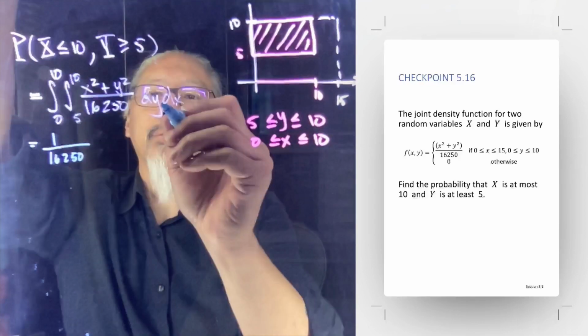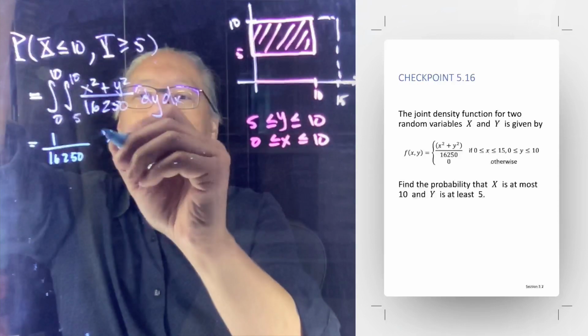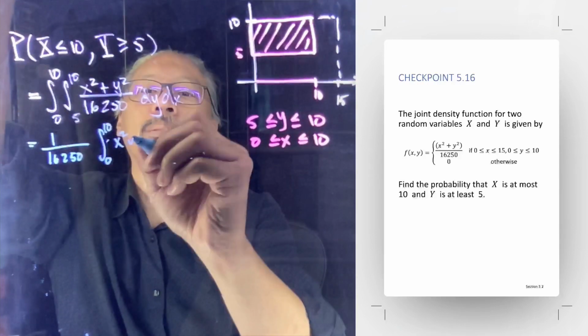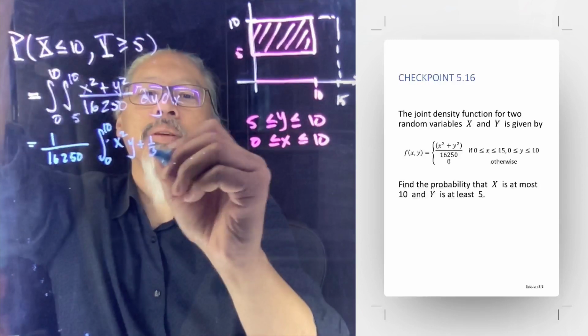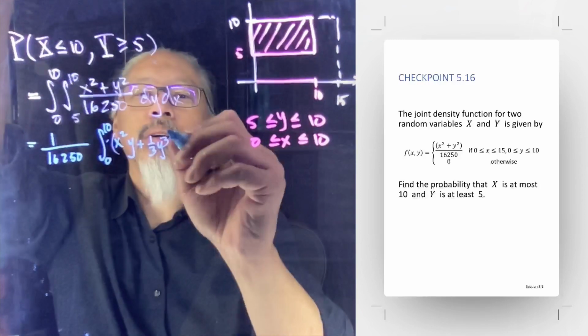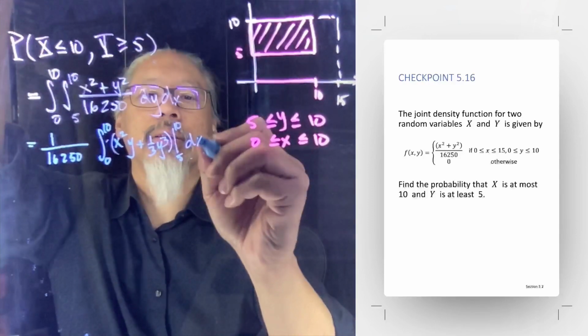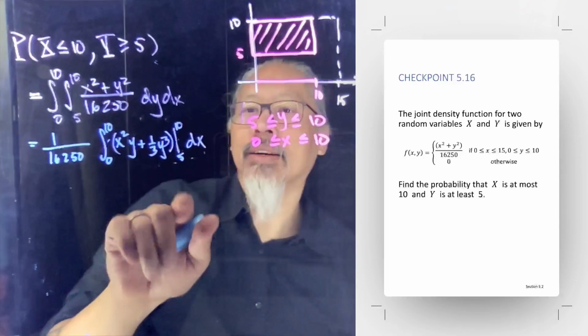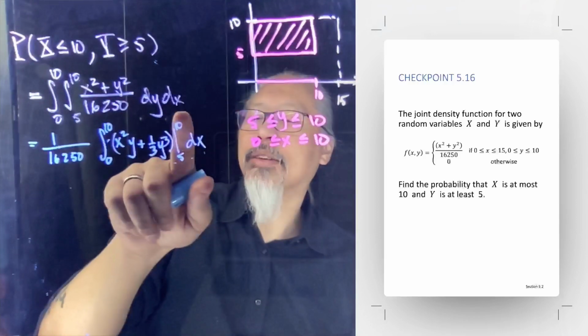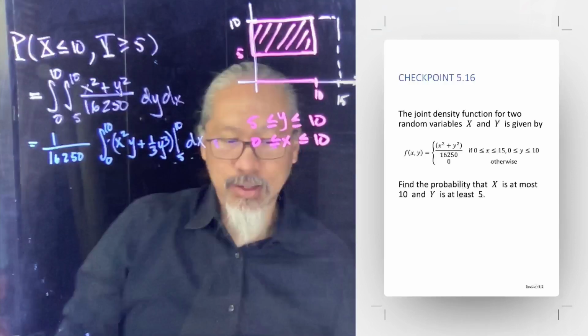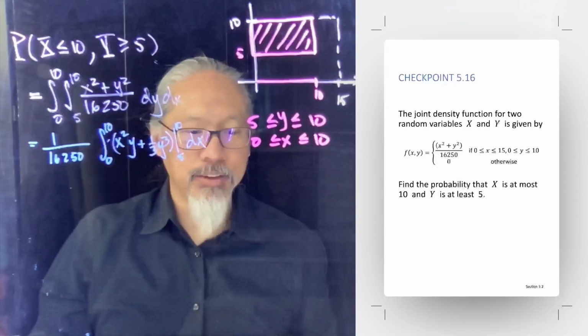Then we'll integrate with respect to y. This is going to be x squared y plus 1/3 y cubed, and we're going to integrate this from 5 to 10 dx. Maybe I just saw why we probably should have integrated with respect to x first, but I think that's a give or take payoff.